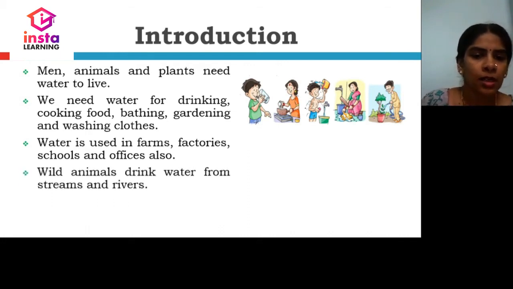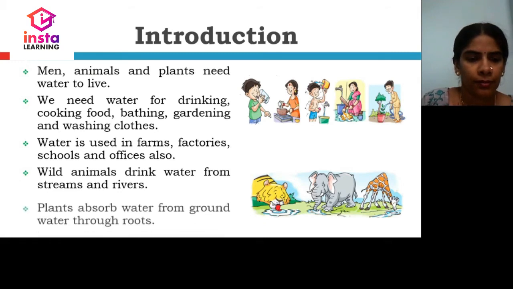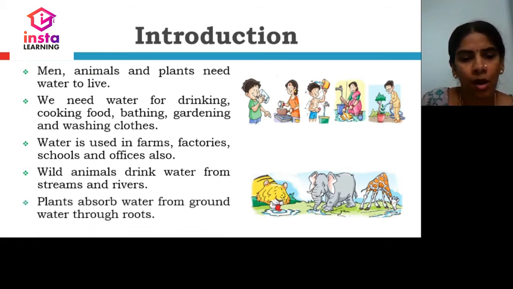Wild animals drink water from streams and rivers. Plants absorb water from groundwater through roots. So, all living organisms need water to live.